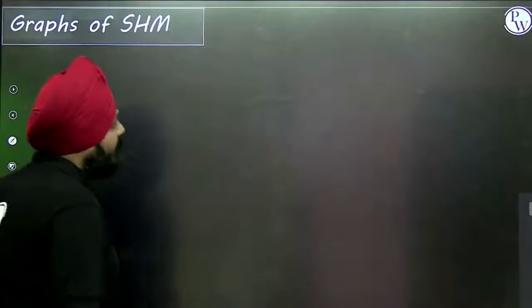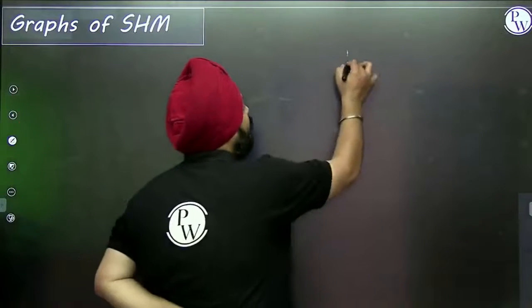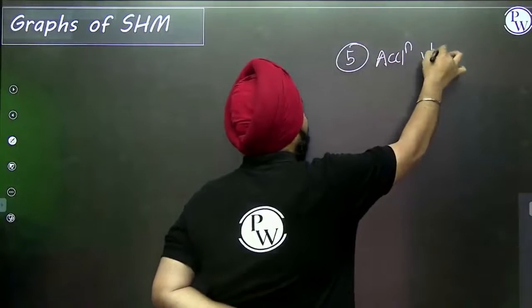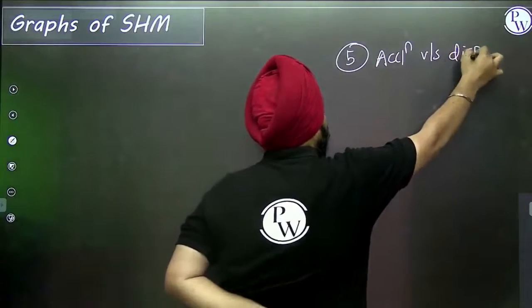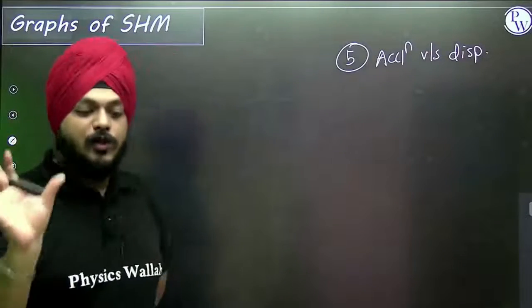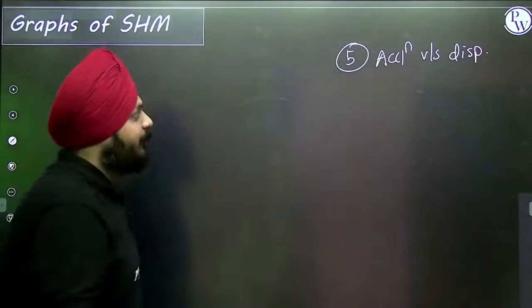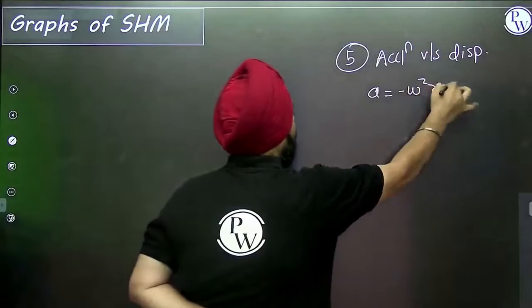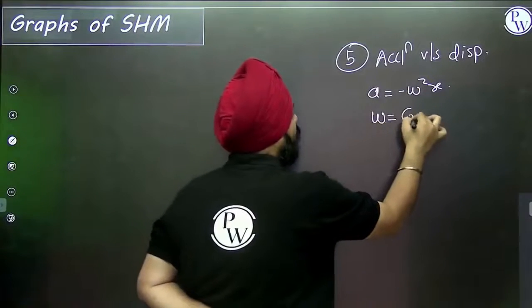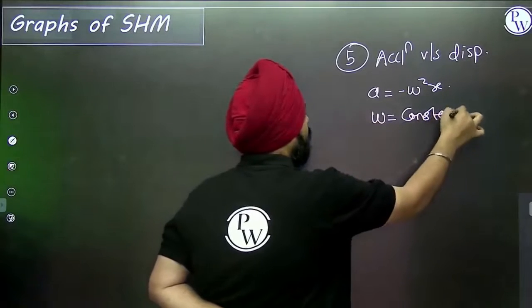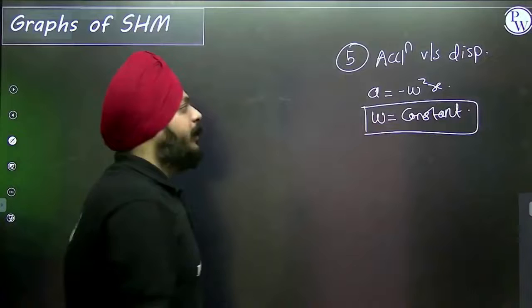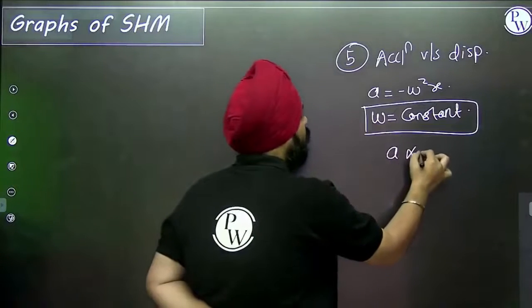Now the third graph, that is the fifth graph, is acceleration versus displacement. Now let's see this graph. a is equal to minus omega square x. Now omega is kept constant, so it means that a is directly proportional to x.